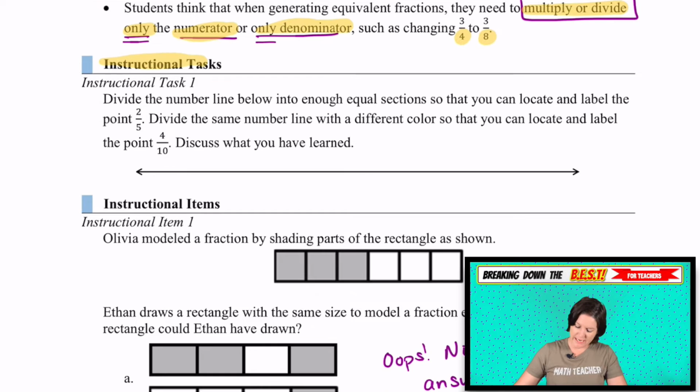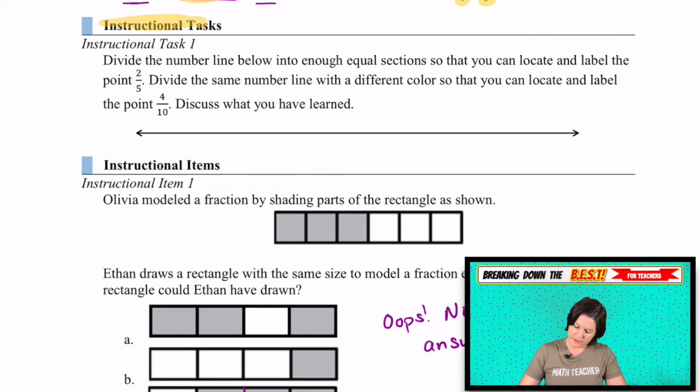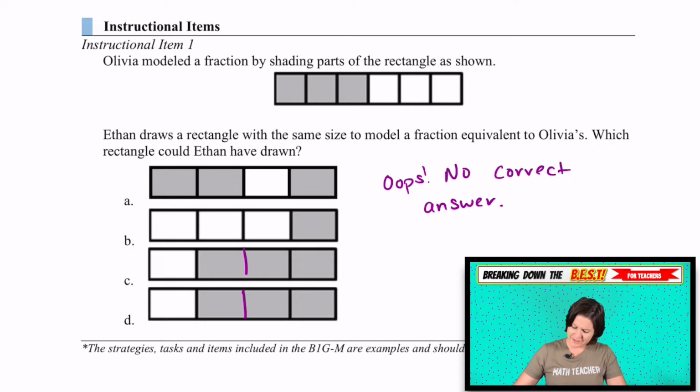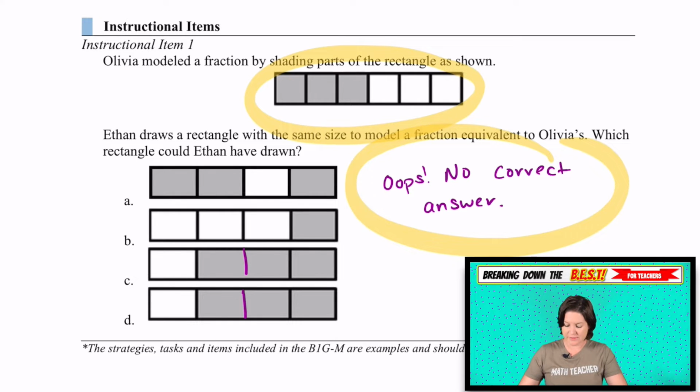For instructional tasks, we have here locating 2/5, dividing it again into 4/10, and seeing if they are equivalent. And here I noticed that there's not a correct answer. We have 3/6, which would be equivalent to 1/2 or 2/4, but there's no answer there that represents 2/4, so I think that was a mistake.